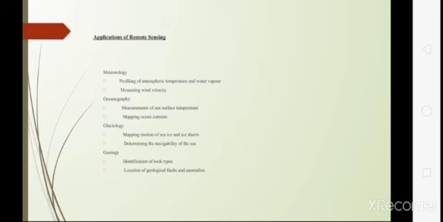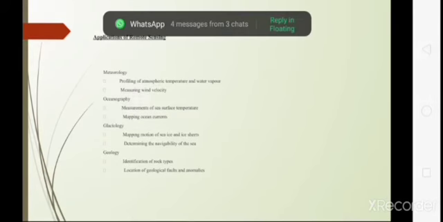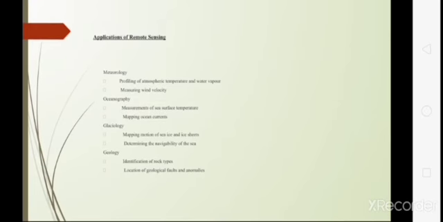Next is the application of remote sensing. Following are the applications. First one, meteorology. Meteorology means profiling of atmospheric temperature and water vapor, measuring wind velocity. Next, oceanography.